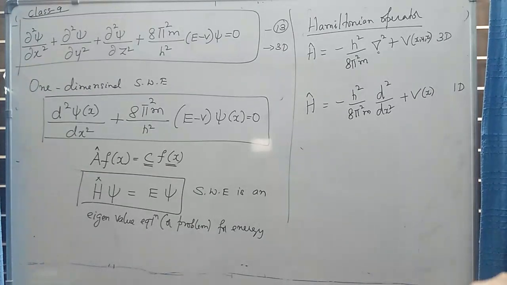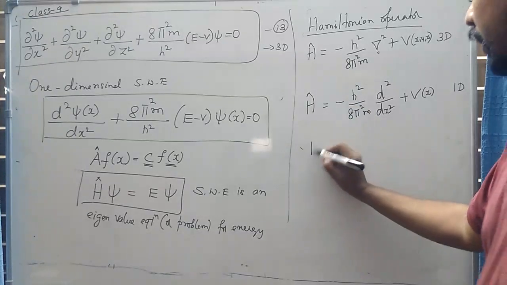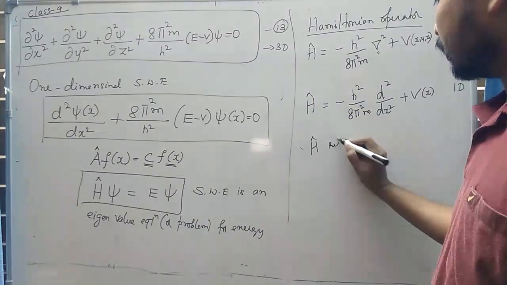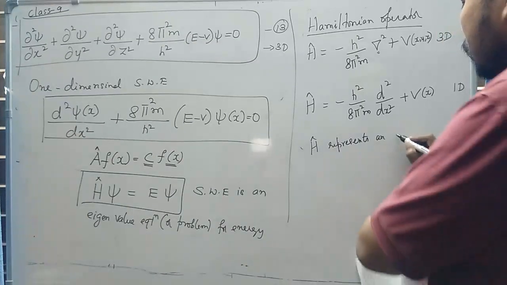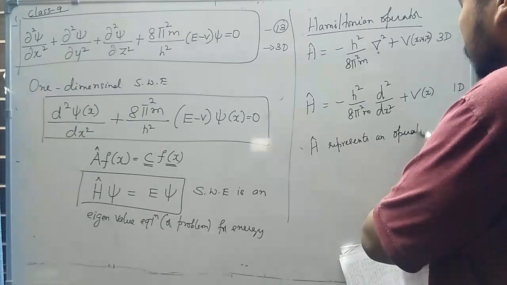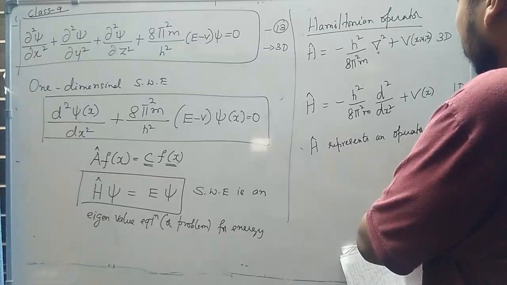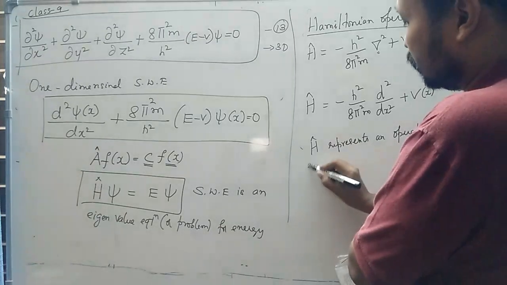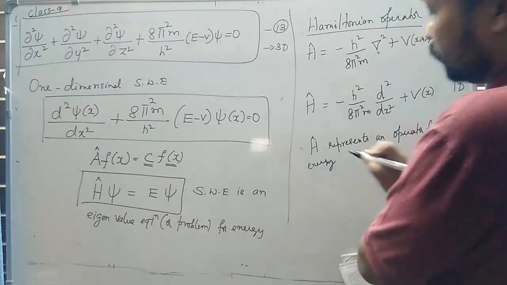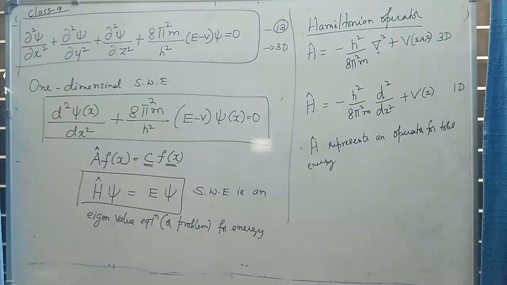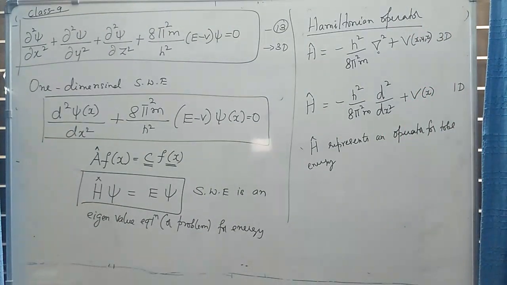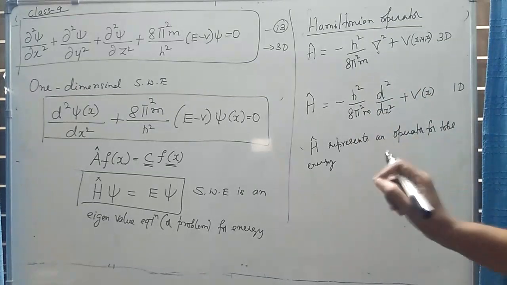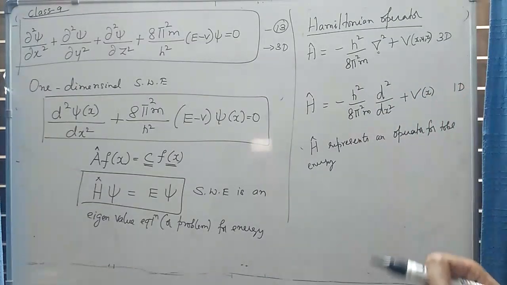Hamiltonian operator. And this Hamiltonian operator H represents an operator for total energy. This is very important. Why is the Hamiltonian operator an important operator in quantum mechanics? Because it represents the total energy of the particle.